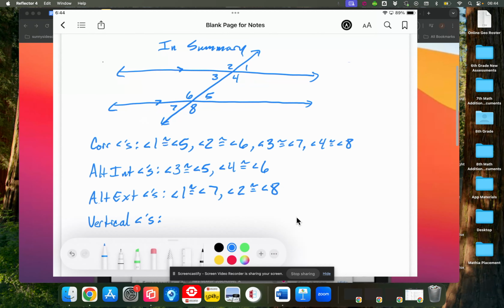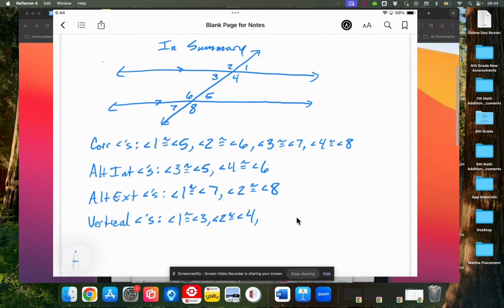And last, these are pretty easy. We have vertical angles, angle 1 and angle 3, angle 2 and angle 4. They share a vertex and are opposite of each other. So angle 1 is congruent to angle 3, and angle 2 is congruent to angle 4.